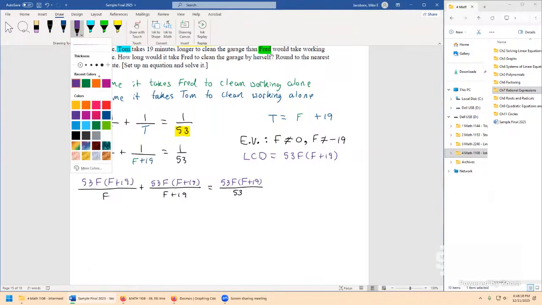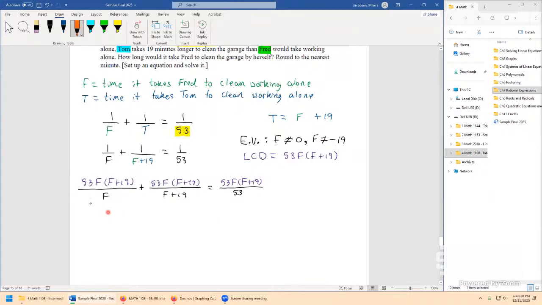Takes a long time to write in this line, but this is more about organization. If you can cancel these things mentally in your mind, then that's great. But if you want to be extra careful, you can visually check your work as you go. So here, f cancels in that denominator. F plus 19 cancels. And on this one, 53 cancels. For me, this is the only way to be really sure I'm going to do this without mistakes.